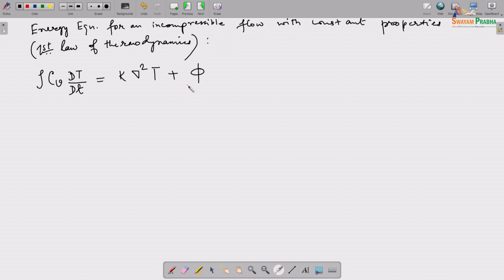So there is a possibility when CV is not constant. When could that be? What we are not going to deal with here is very high temperature flows, where CV is not going to be constant.